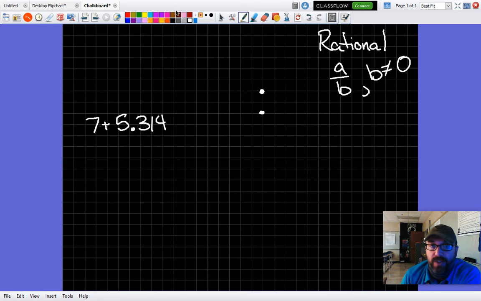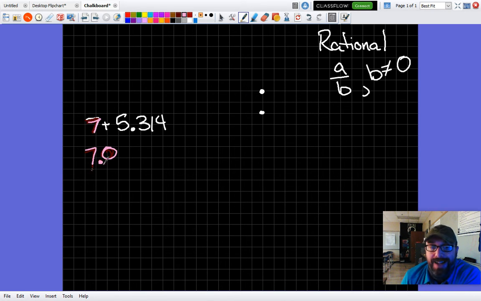Okay, so this first number we've got is 7. Where's the decimal point on the 7? Well, it's invisible right now, but is that not the same thing as 7.0? It is. Let's brighten and liven things up a little bit with a different color.